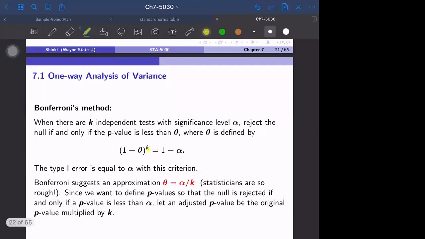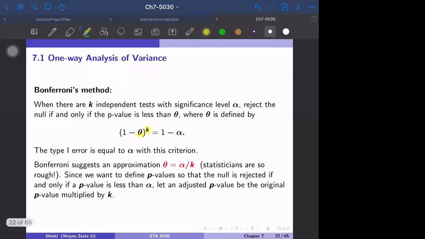So if we have k independent tests, then to have an overall significance level of alpha, we have to set the threshold for the p-value at theta, such that (1 minus theta) to the kth power is equal to 1 minus alpha. So in this case, the entire probability that we reject at least one H0 is equal to alpha. And how about the approximate size of theta?